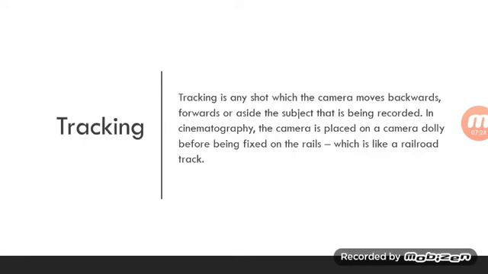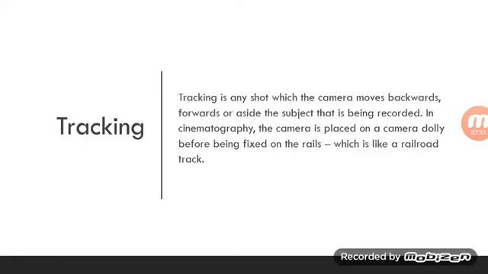Tracking is used when you can't film certain shots by hand. For example, if you're driving or riding a bike, you use a tracking shot. Some people will use a GoPro camera, but it's not going to be ideal for that. You won't be able to see the whole body.